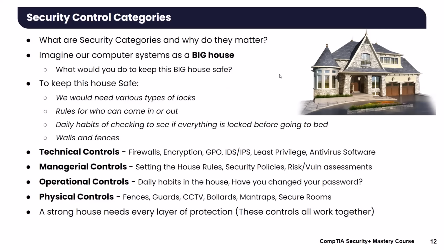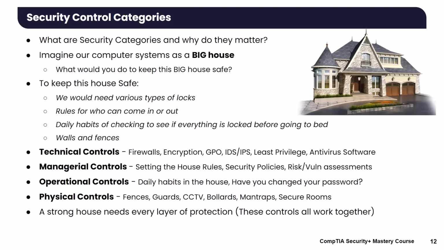Okay, here's the thing. What if I told you right now that I, Mr. Francois, have a magical box that can protect you from everything? If I tell you that, some of you will say, no, no, no, Francois, stop lying to us. That box does not exist.